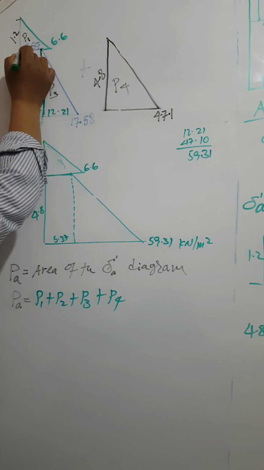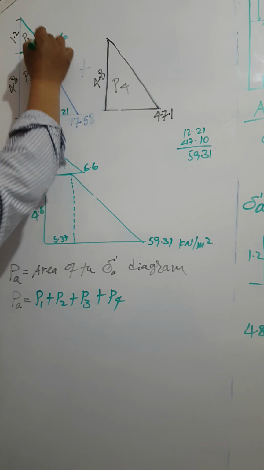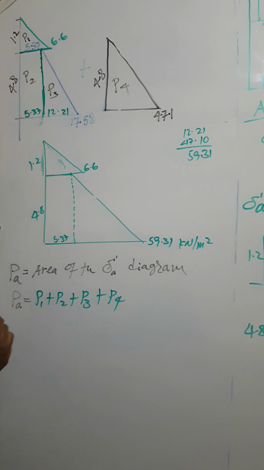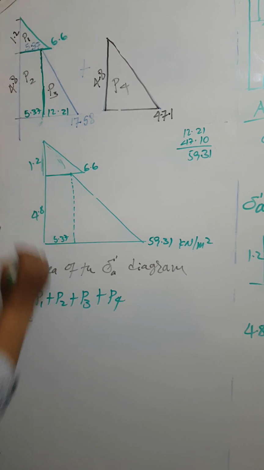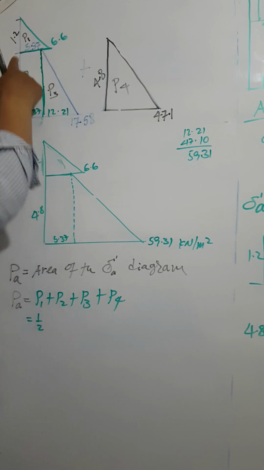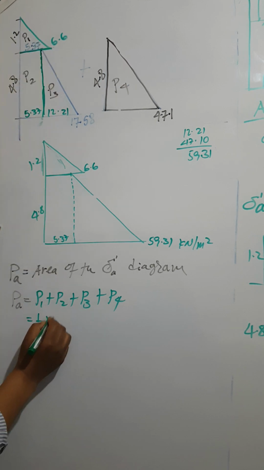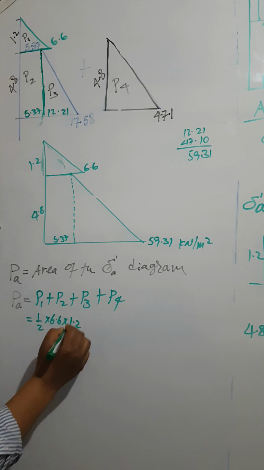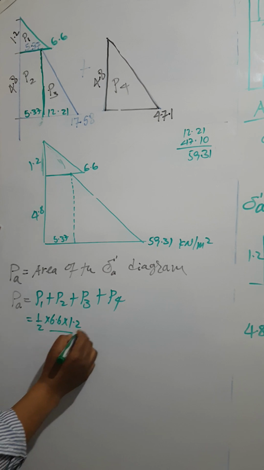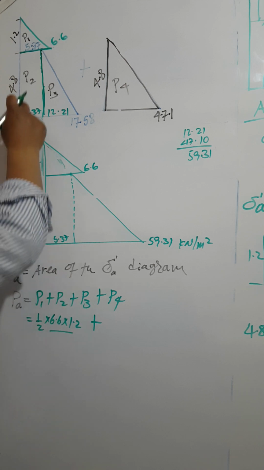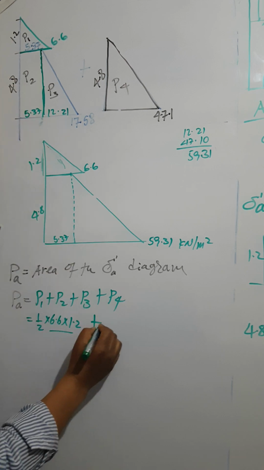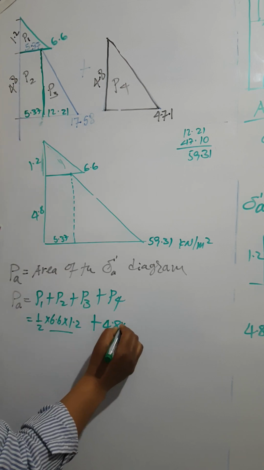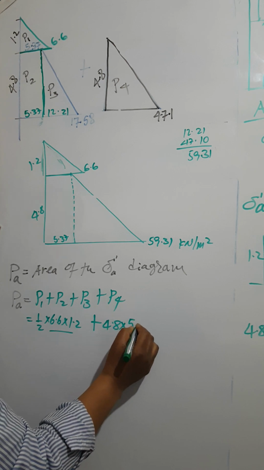P1 is this triangle, so its area is 1/2 times the base of the triangle, 6.6, times the height, 1.2. P2 is a rectangle: 4.8 times 5.37.